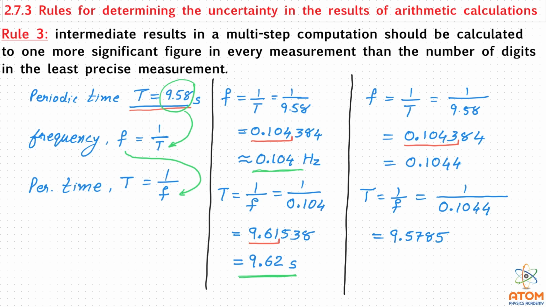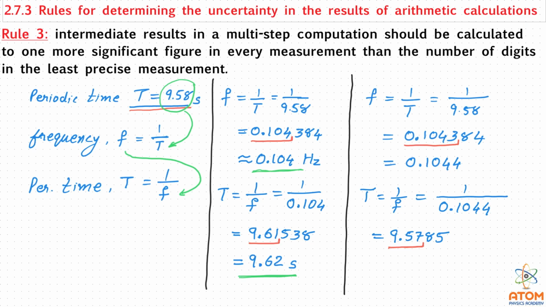And now we will round it off to 3 significant figures, because in the very first value there were 3 significant figures. In the beginning of the calculation there were 3 significant figures. So as per the rule of significant figures, we should keep the least number of significant figures in the answer, and that is 3. So in the final answer we will consider only 3 significant figures.